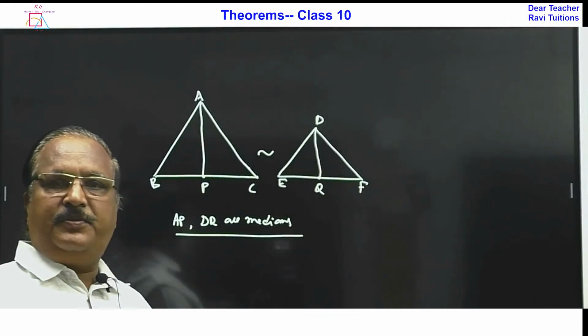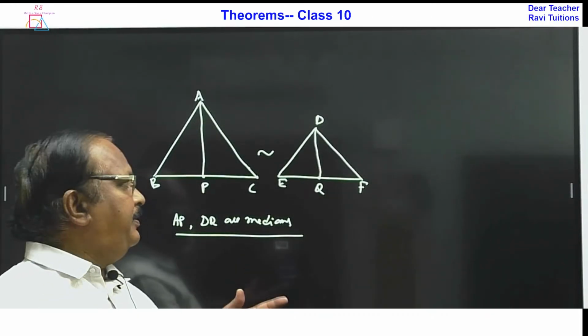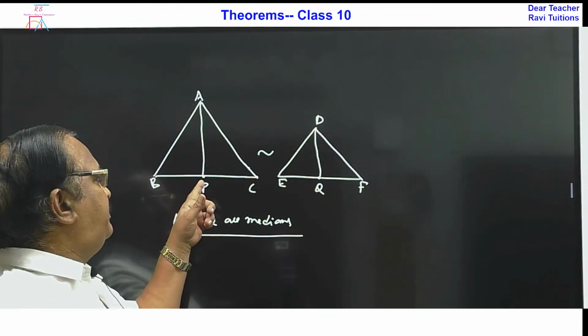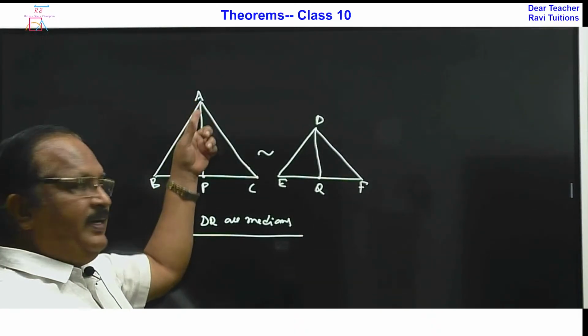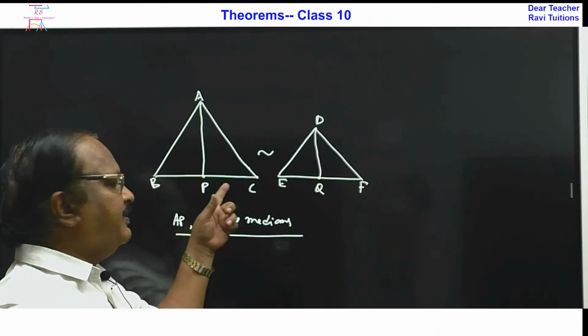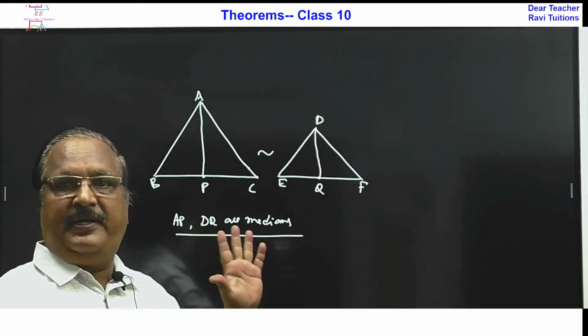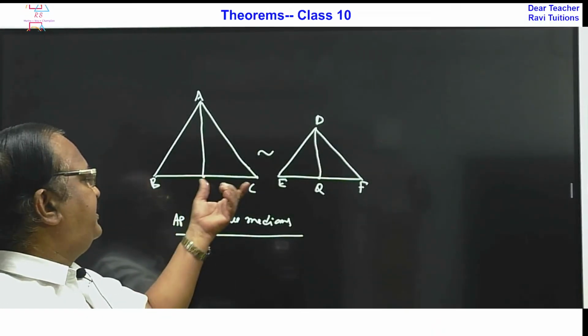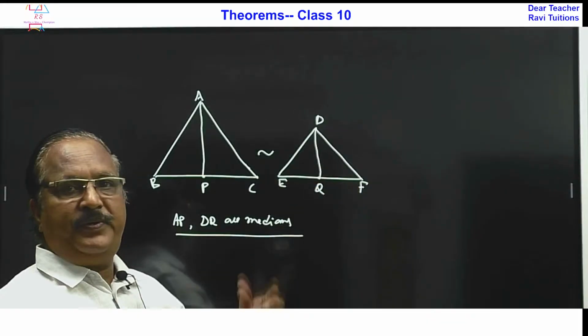I don't need to remind you what a median is. The line joining the vertex and the midpoint of one side is known as a median. That means BP is equal to CP, and EQ is equal to QF.